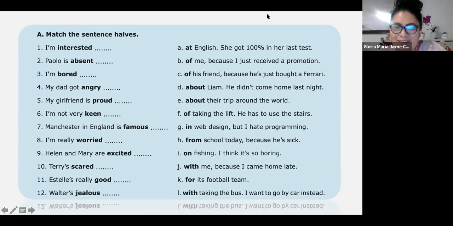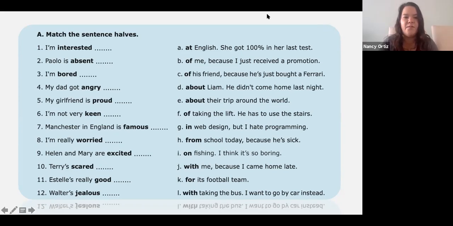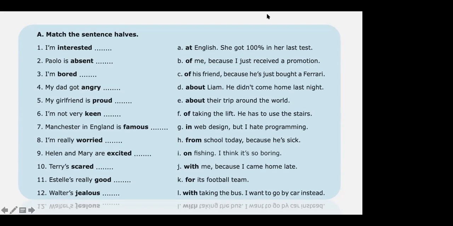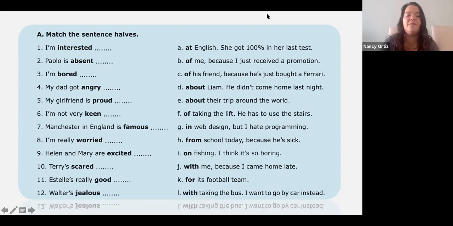Ismael, number 7. Manchester in England is famous for its football team. Very good. Ismael, choose the next person, please.